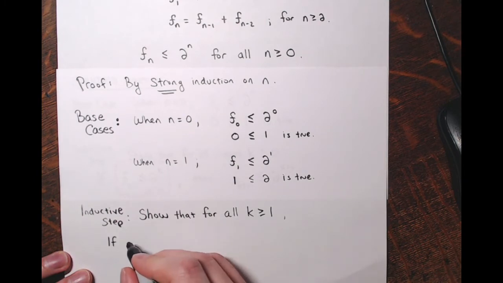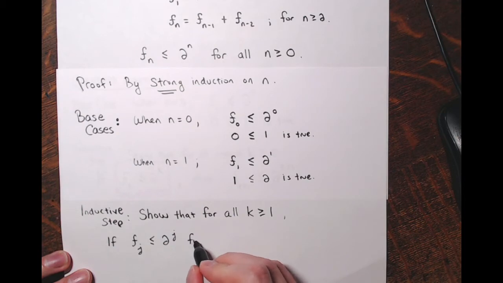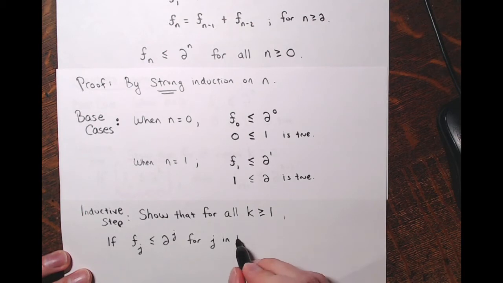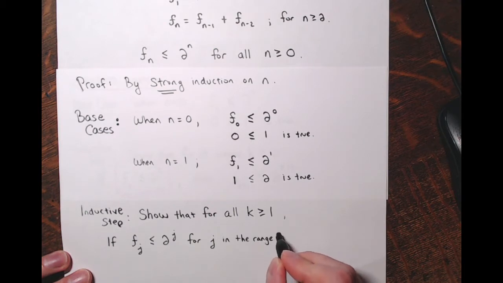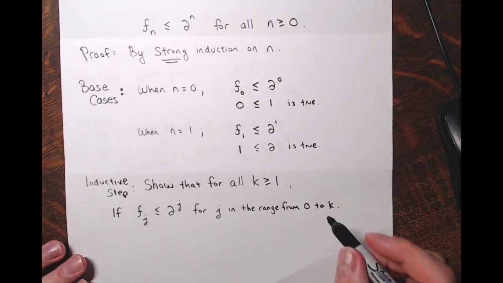If this statement is true, so say if f sub j is less than or equal to 2 to the j for j in the range from 0 to k. I'm going to be starting with 0 here. So this means the following.